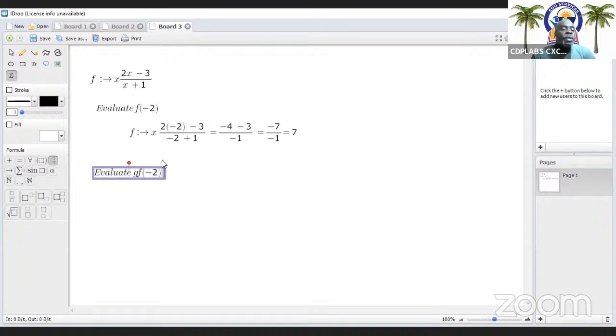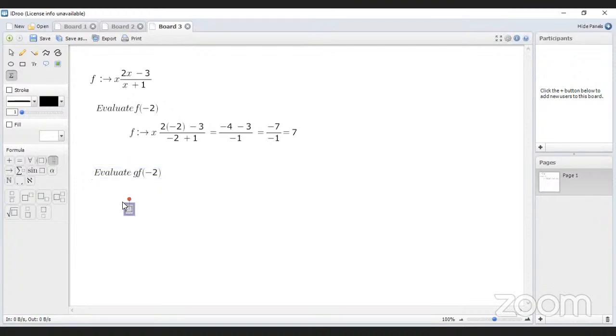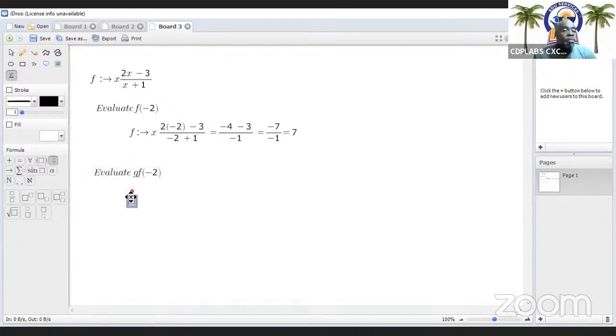Now we already worked out f of -2 already. So all you're going to do is put the answers you got for this one where x is in g, so you shouldn't get this one wrong. This is similar.